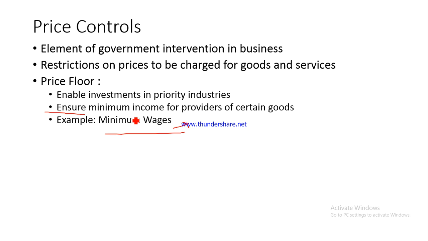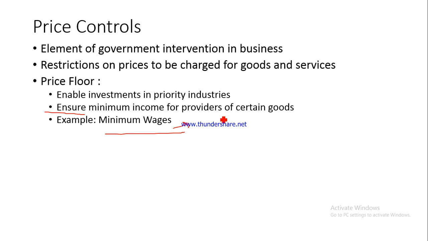We have now ensured minimum income for those who are providing their physical labor, those who are providing their services in the form of their labor. For them, we have said that this is the minimum wage. You cannot pay less than that particular wage.